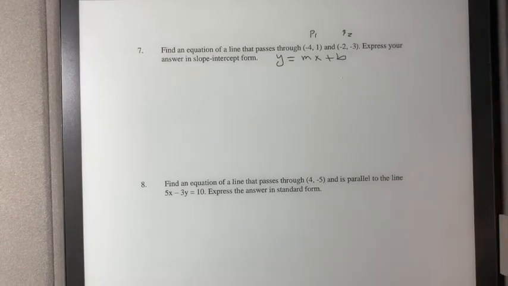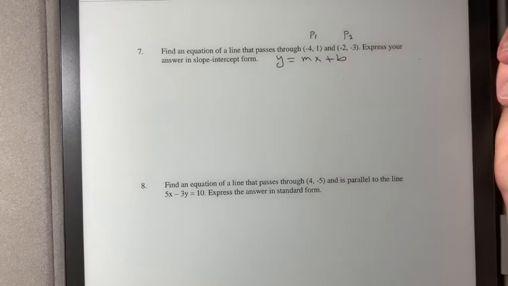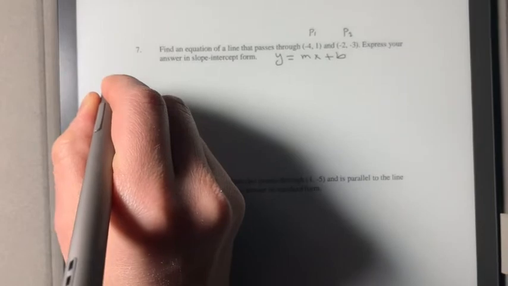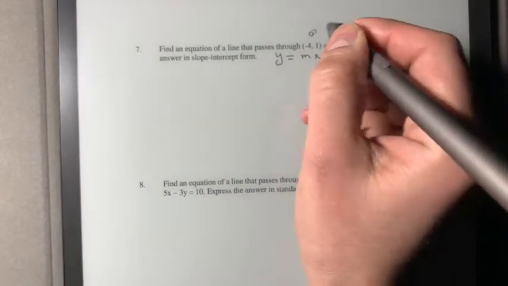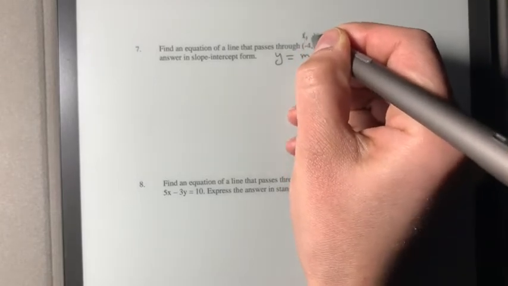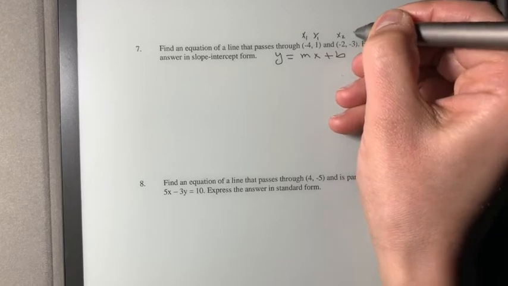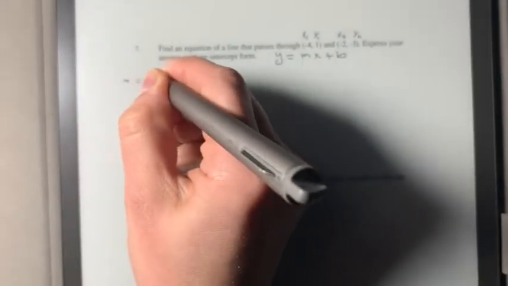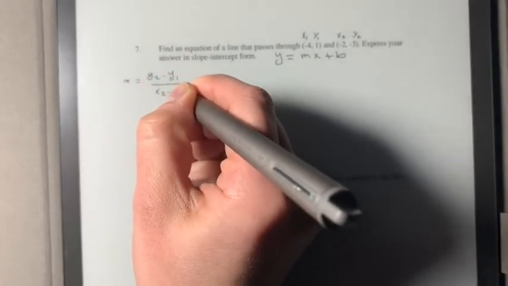So we have 2 points. From these 2 points, definitely we are able to find the slope of the line. Let's say this is our point 1, this is x1, this is y1. This is x2, this is y2. So slope is y2 minus y1 divided by x2 minus x1.